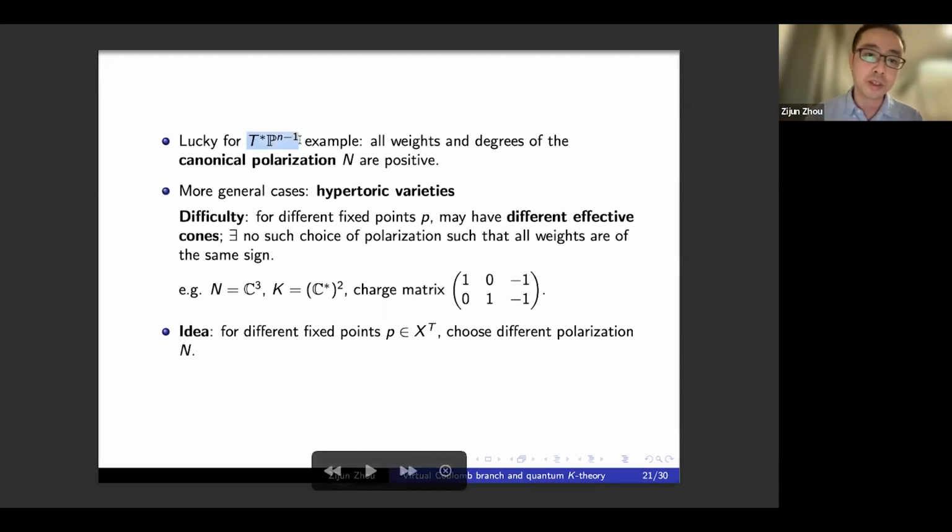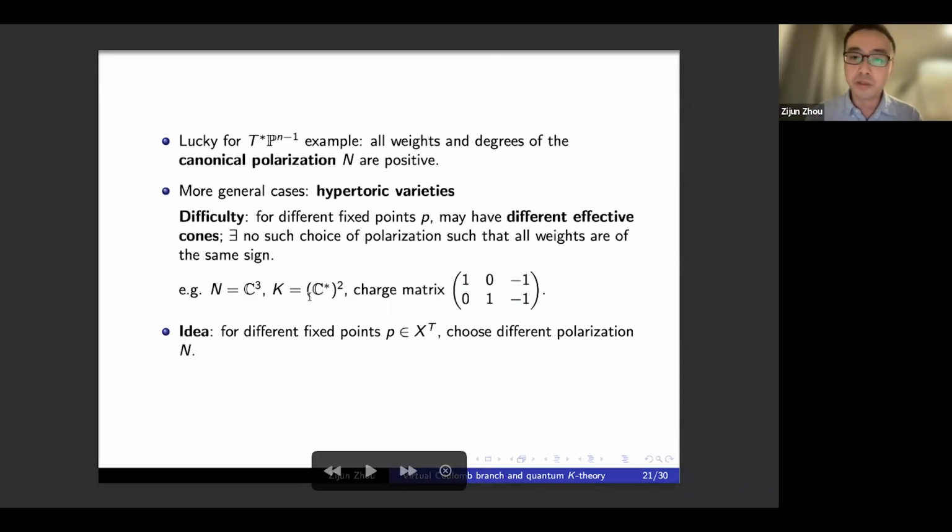In the T star Pn minus 1 example, for every fixed point you always have the same effective cone, because you only have a rank 1 lattice of curves, and the cone is always the positive cone. But for other hypertoric varieties, for example this one, the Higgs branch, the hypertoric variety will be the A2 resolution.